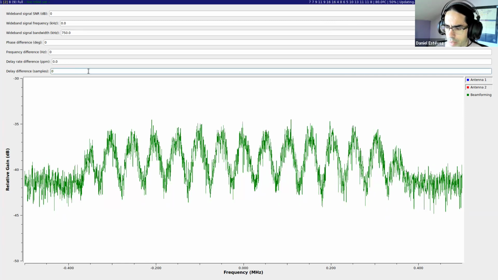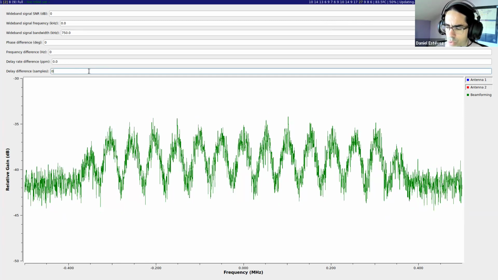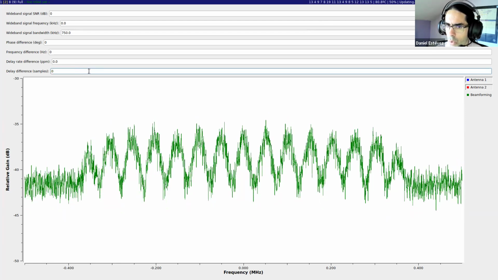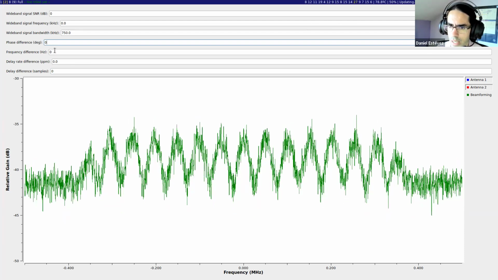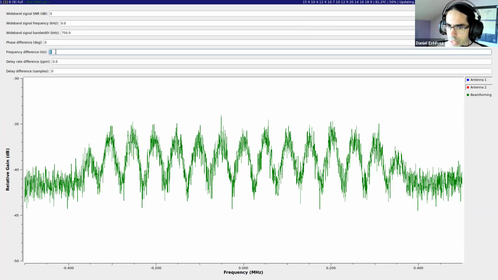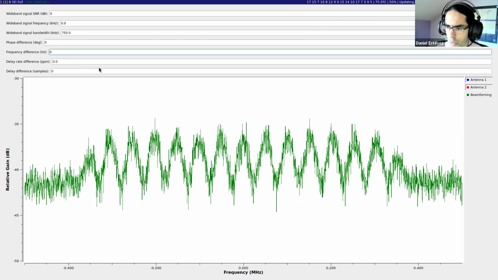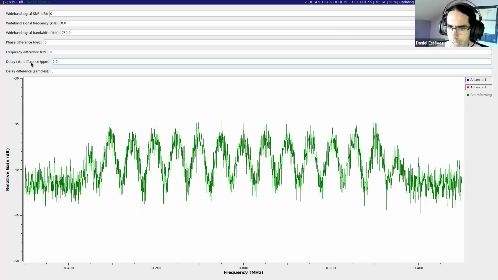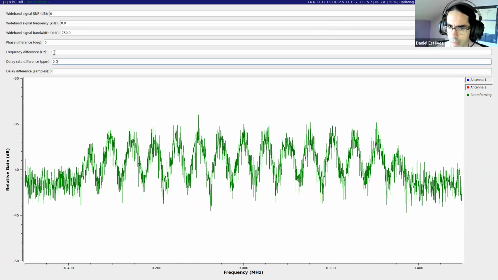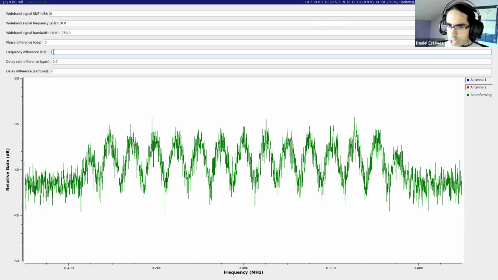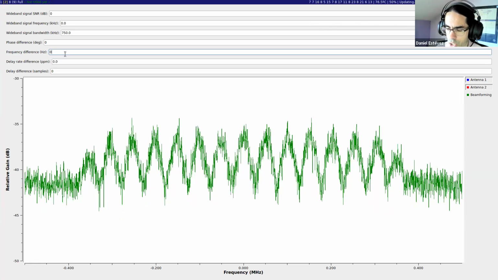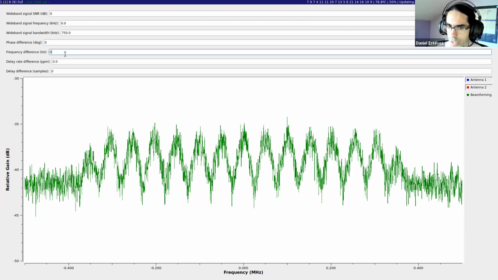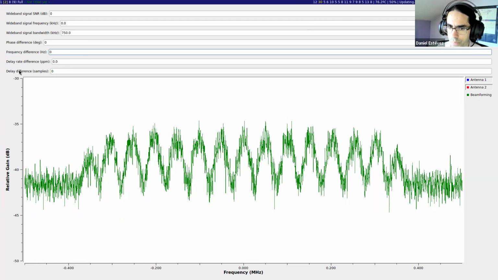So the point I want to make is that this requires a calibration of the telescope. We need to figure out what is the phase difference, frequency difference. Often there isn't a frequency difference, at least if we are using the same frequency reference for all the receivers. And there is also not a delay. By there is not, I mean there is not an instrumental frequency difference. There is a geometric frequency difference, but that we can compute using the known positions of the antennas and the source.